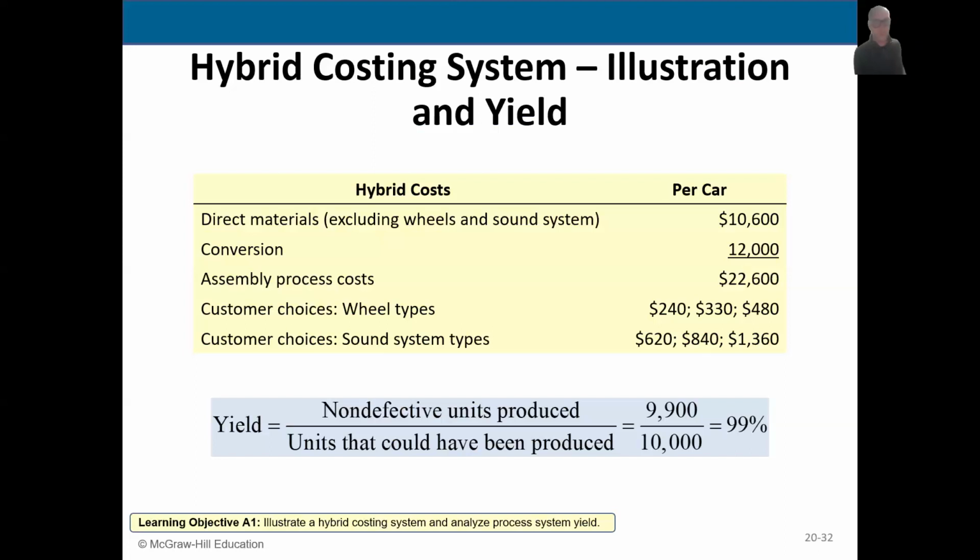So we would use a hybrid system for this. The standard part, or the process part, is the vehicle. The job order part comes into play when the customer decides what they want: special wheels, special sound system, whatever. But that just gives you an idea of what that looks like. I will tell you that Ford and General Motors use hybrid cost systems.